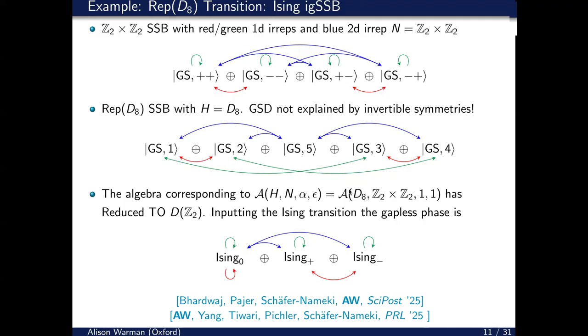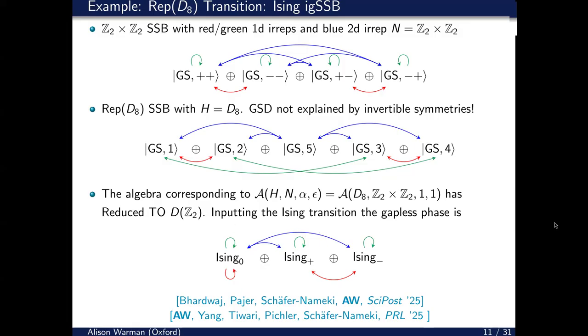So here we take H to be D8, which is this one. And it means that this algebra is a subalgebra of the one for this gapped phase. Okay? And then we take N to be this Z2×Z2. So it means that the theory corresponding to this algebra can be deformed to these 2 gapped phases. Now here, if we take the quotient, then the result is Z2.